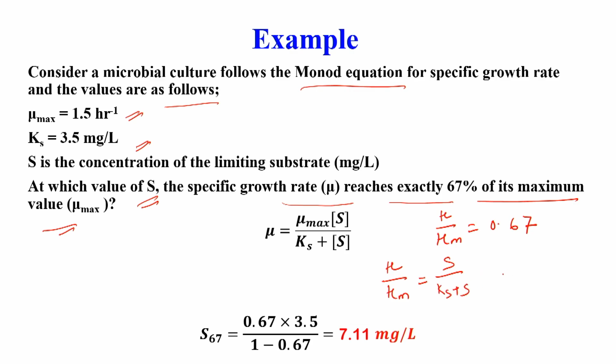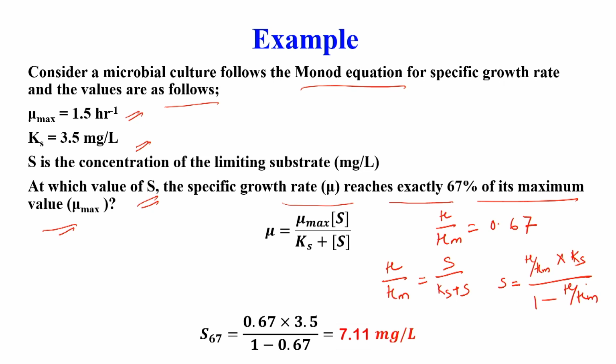From here we can get the value of S as mu upon mu max into Ks divided by 1 minus mu upon mu max.